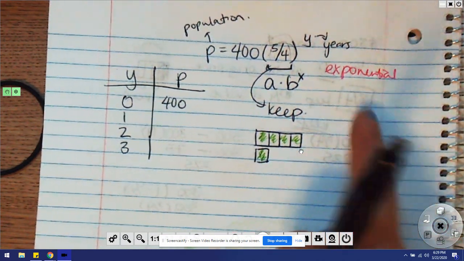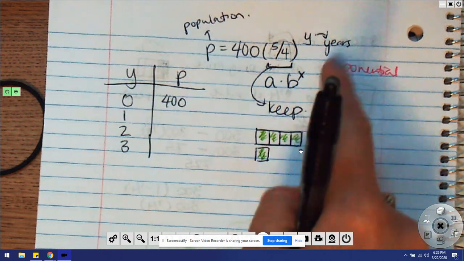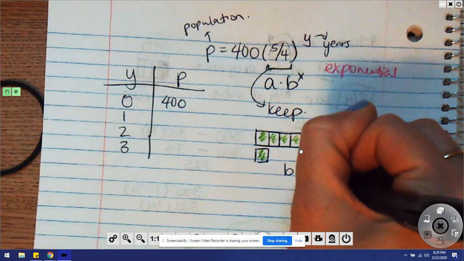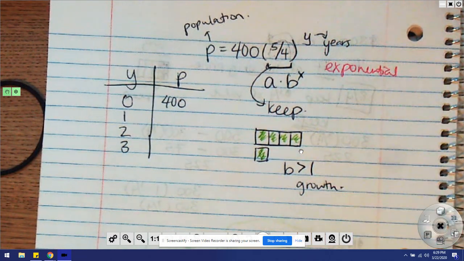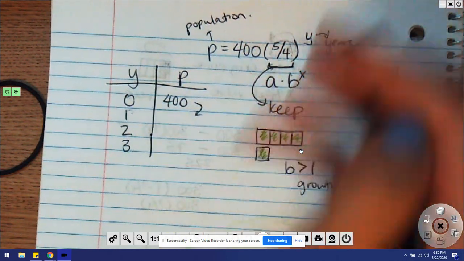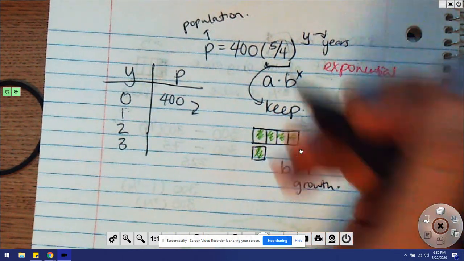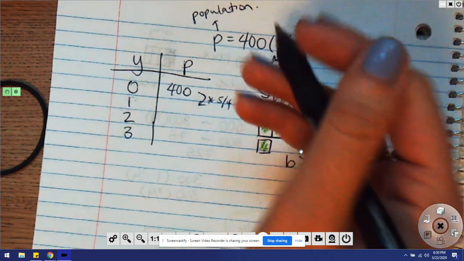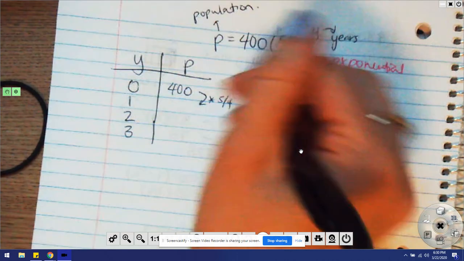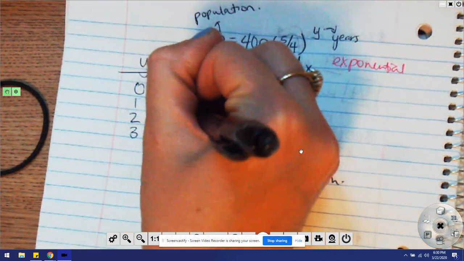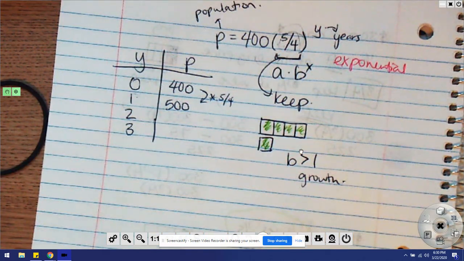So this makes me think that since I have more than 100%, more than 1 whole, since B is greater than 1, I'm starting to think that maybe this is growth. I can test this, though, by actually taking 1 and substituting it in for Y, or by multiplying by 5/4 every year. When I take 400 and I multiply it by 5/4, I end up with 500.